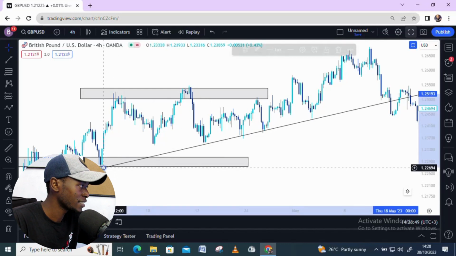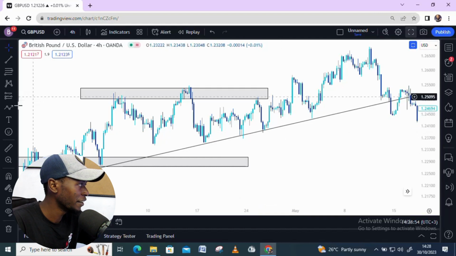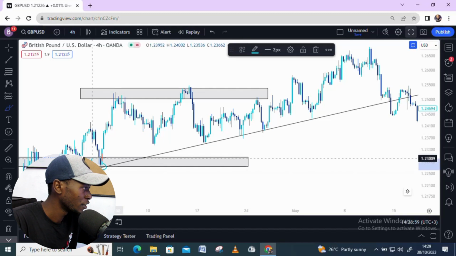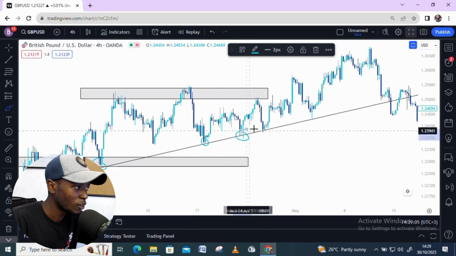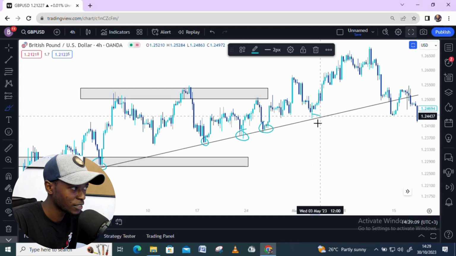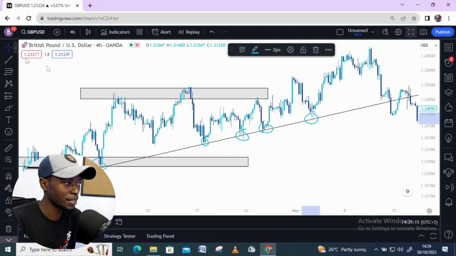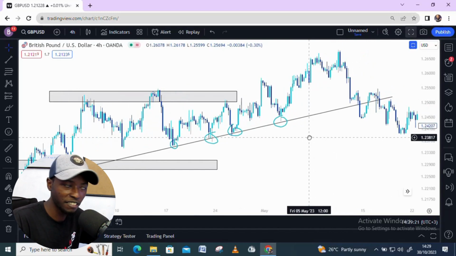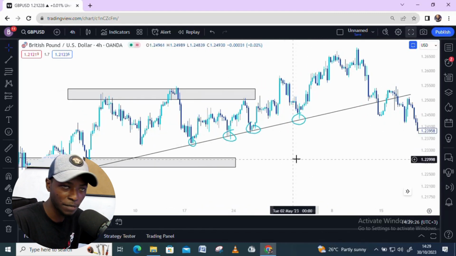Because price has bounced from it 1, 2, 3, 4, 5 times. So that is a trend line support. A trend line support is only valid if price bounces from it 2, 3 or more times.